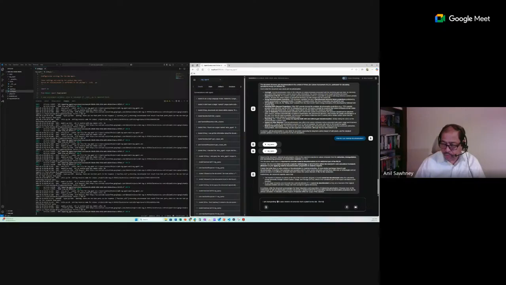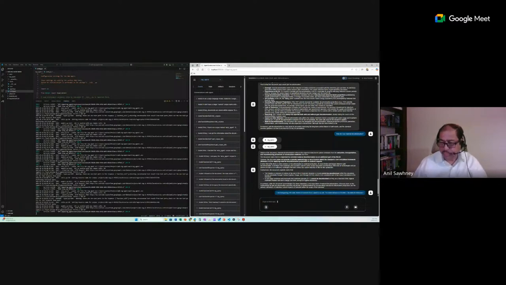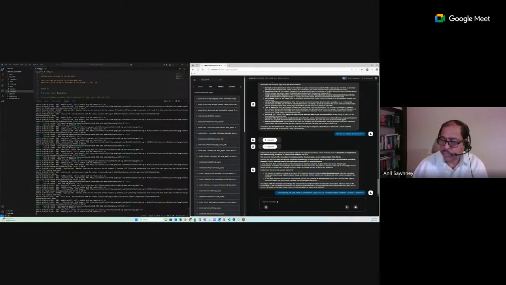The travel distance is 10 miles. Calculate A4 emissions. I don't think it will be able to get the answer, but let's see.